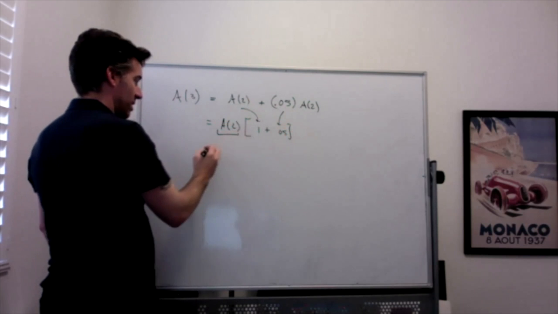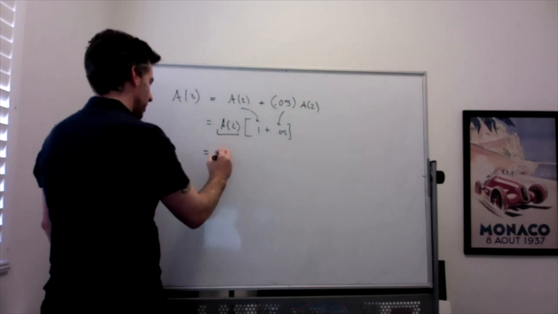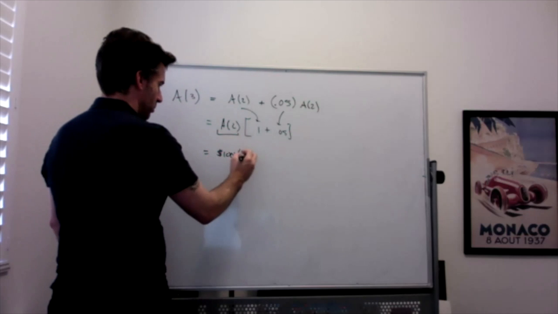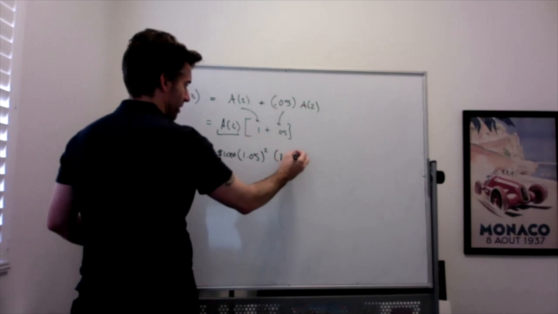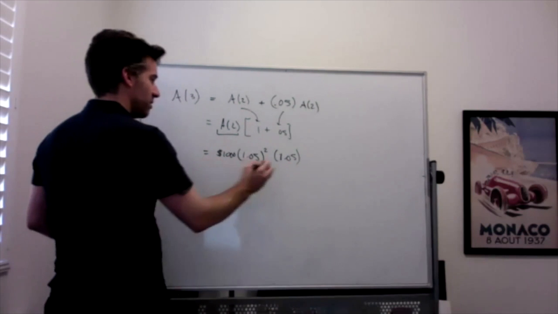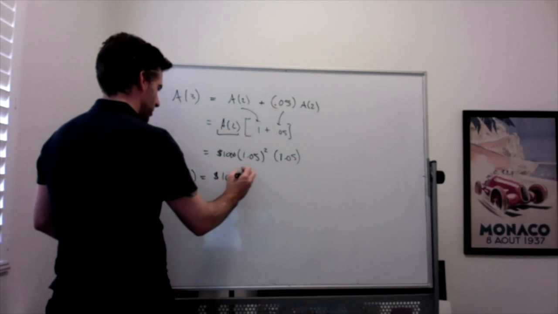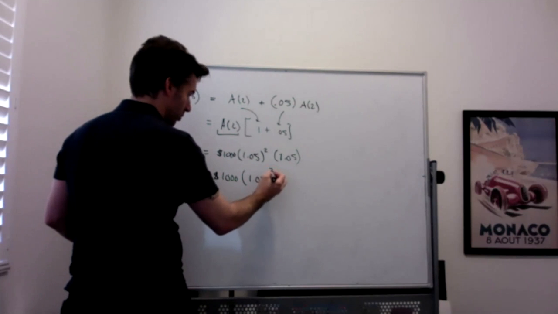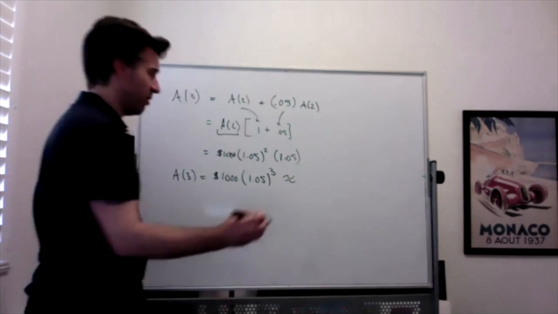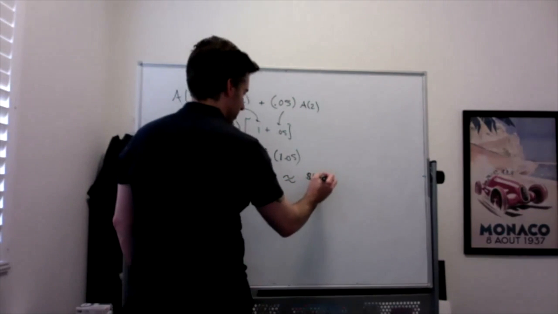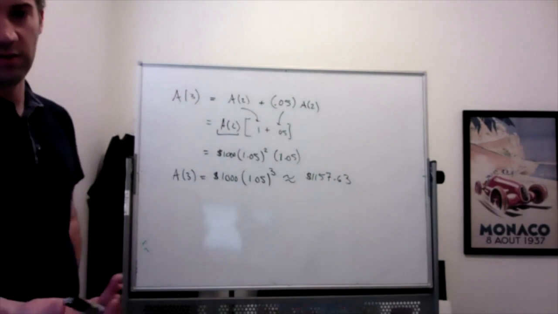A of 2, the amount we had after 2 years, was $1,000 times 1.05 squared. And now I'm multiplying by 1.05 again. So after 3 years, I get $1,000 times 1.05 cubed, which is approximately $1,157.63.